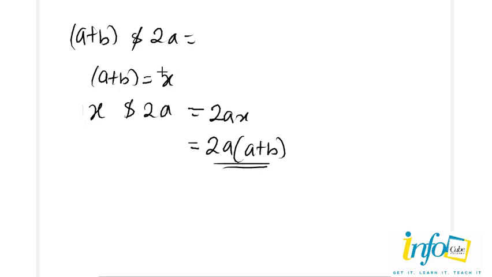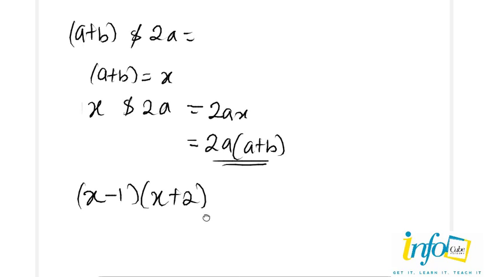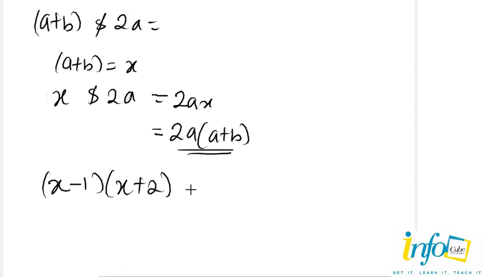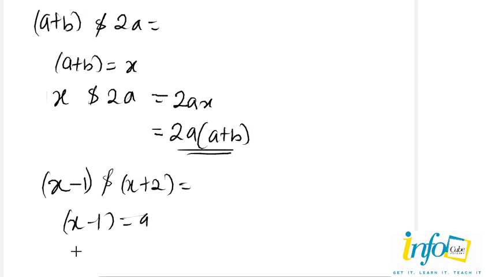If you did not understand what I did, I would like you to replay this particular place so that you understand it very well. Now what if you have a question like this: x minus 1 and x plus 2. So what will be the LCM? In this case, we will call x minus 1 a, and we are going to call x plus 2 b.